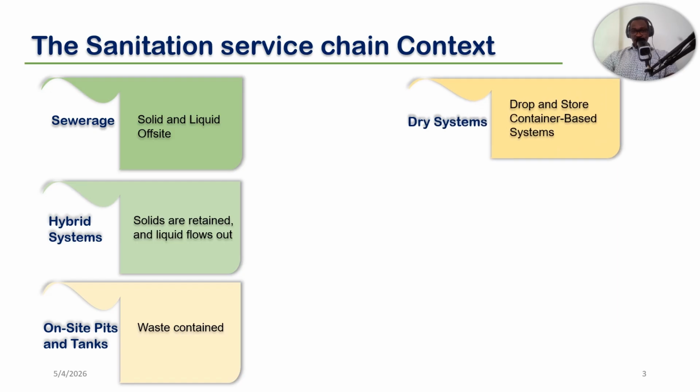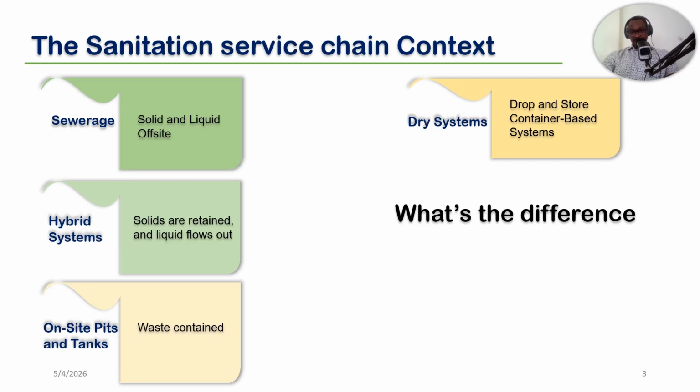The other is to do with the drop and store systems. These always use dry agents, and an example would be the container-based sanitation system. These are quite gaining popularity as a result of high population growth, especially in informal settlements and limitations of land.